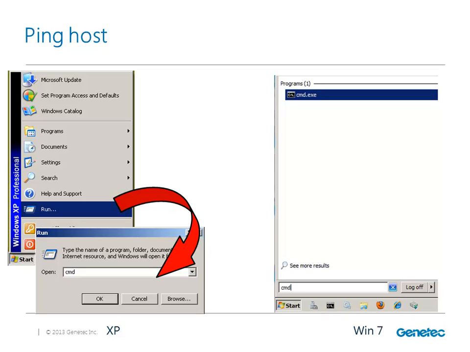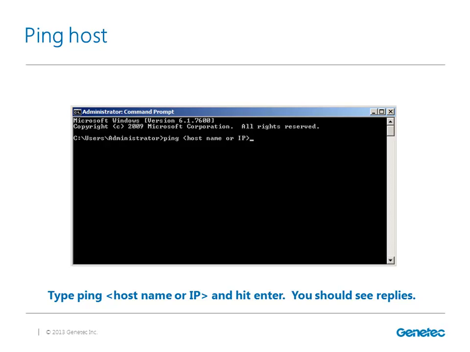In Windows 7, a command prompt can be opened by clicking the Start menu and typing cmd in the search box, and Enter. Once a command prompt is open, type the command ping, P-I-N-G, space, your server's hostname or IP address, and hit the Enter key. You should see replies from the server.